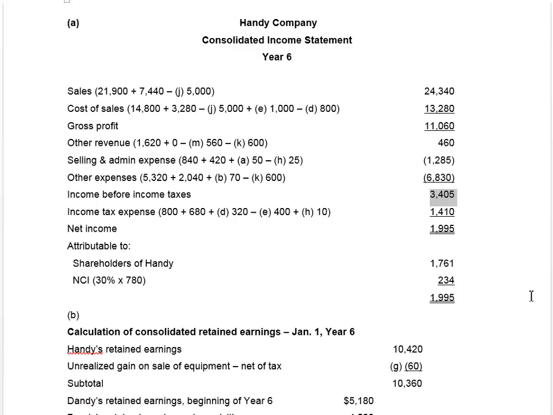Now, when calculating your income tax expense, you have to take into account all of the impacts of your intercompany transactions, your inventory, as well as your realized gain that you're allocating into income evenly as a result of the depreciable fixed asset sale. So we know that separate entities had $800 and $680 respectively.